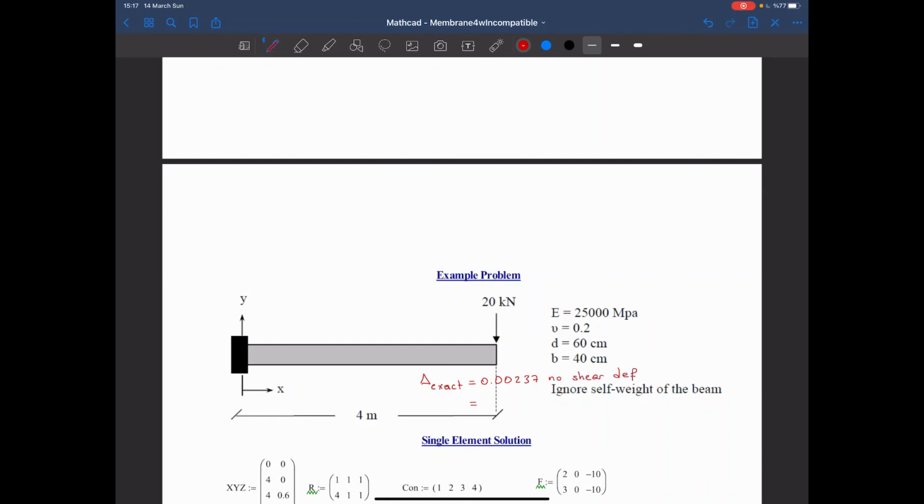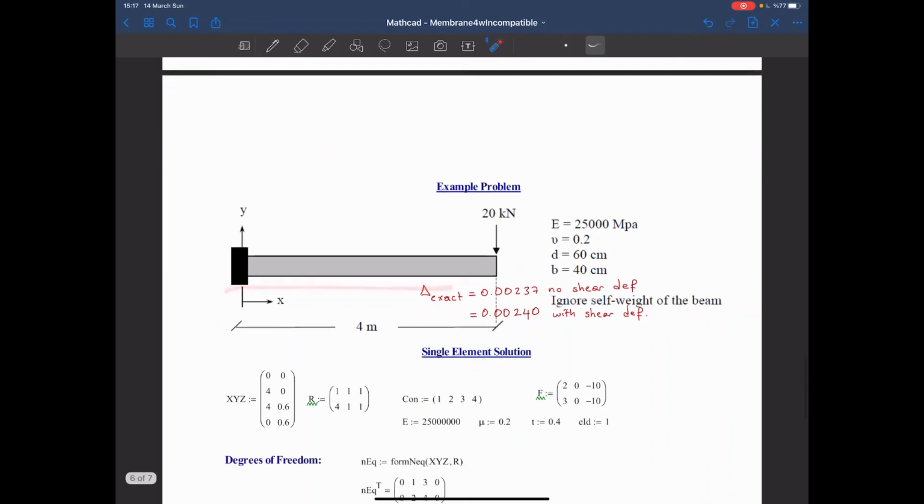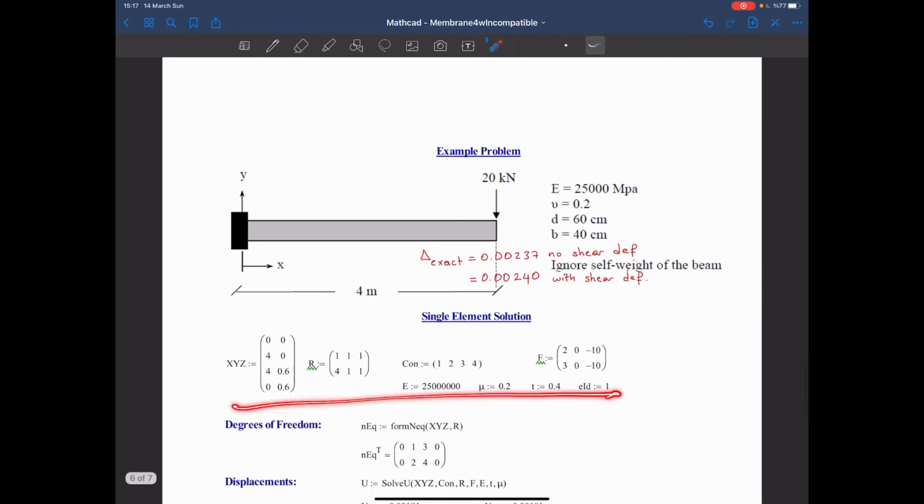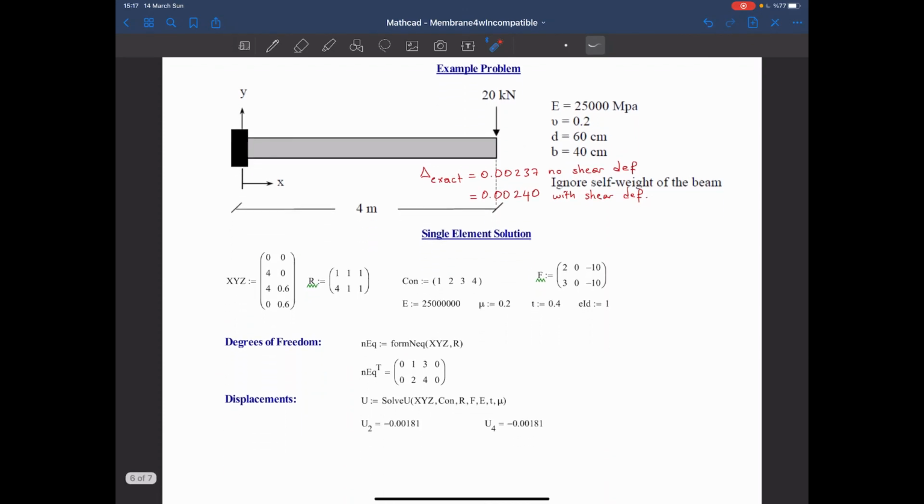If we have shear deformation, this displacement becomes equal to 0.0024. Okay, this is with shear deformation. So I'm solving this cantilever by using a single element, and when I look at the displacement, it is equal to 0.0018. They are not the same, but they are very close.